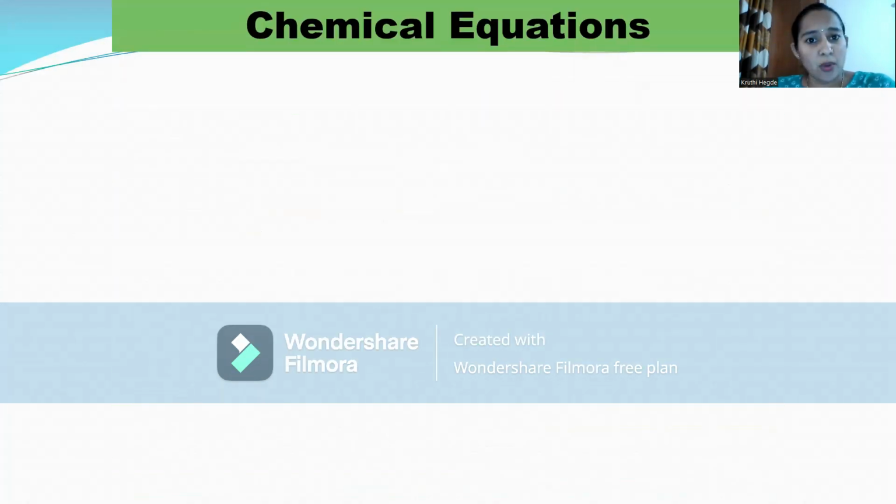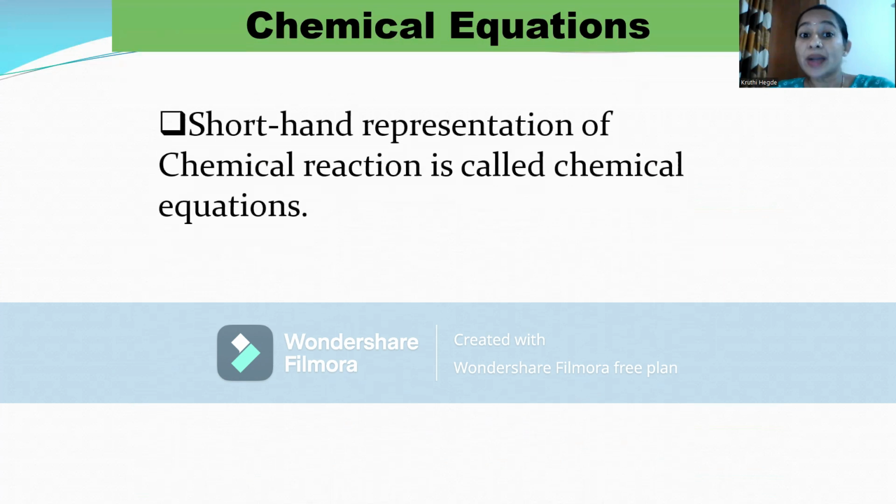Let us now understand what a chemical equation is. Chemical equations are a shorthand representation of a chemical reaction. When any chemical change is undergoing, there will be a chemical reaction.